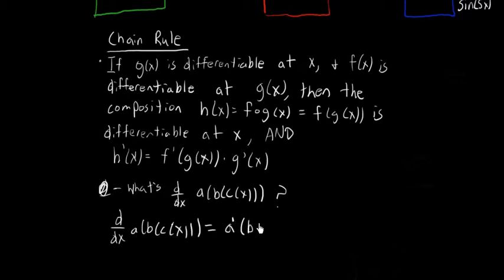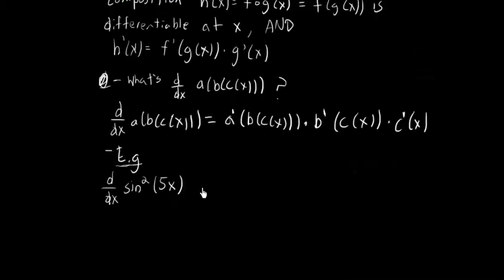So that's going to be at b of c of x. Do I have the correct number of parentheses? I think I do. Times the derivative of b evaluated at c of x. Finally, times the derivative of c with respect to x.